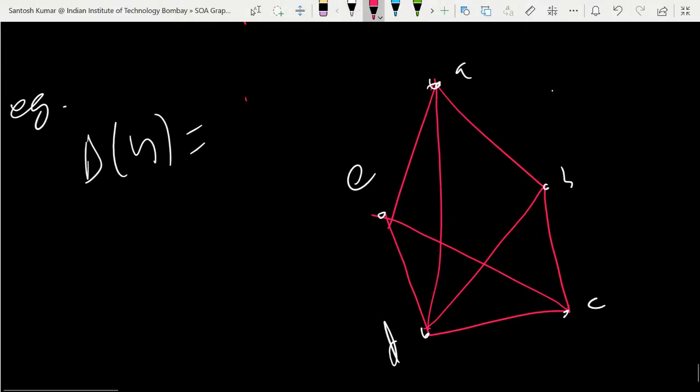And then I want omega of G, the size of the maximum clique. Okay, again 3 you have.